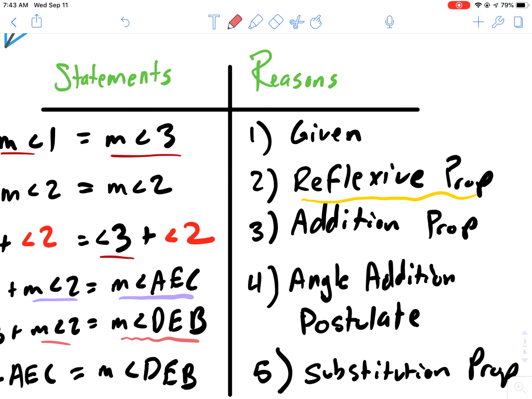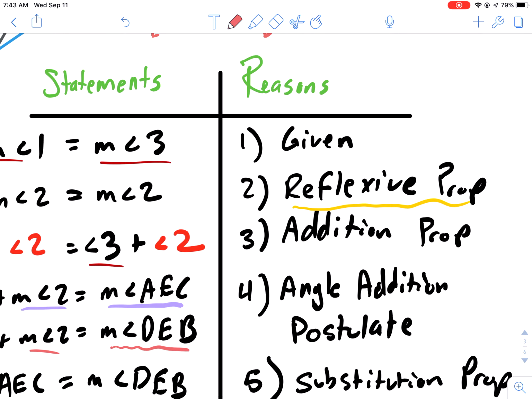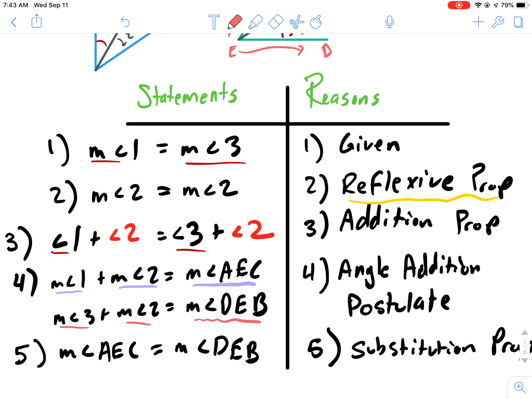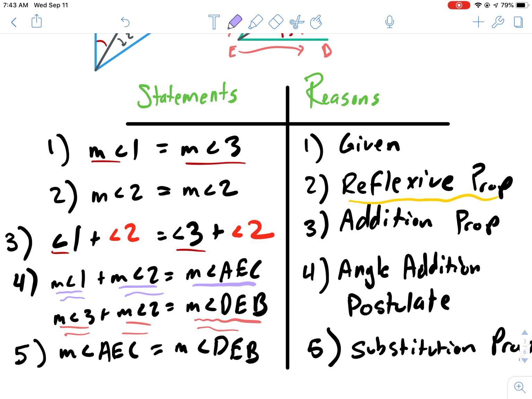This is known as the angle addition postulate. And we're going to go over more of this in the next chapter, but essentially all it means is if we add two smaller angles together, we form a bigger angle. That's all it's saying. All right, so if you're with me there, we're set. Add these two smaller angles together, we get the bigger angle. Same thing with AEC. Add angle 1 and 2, we get the bigger angle.